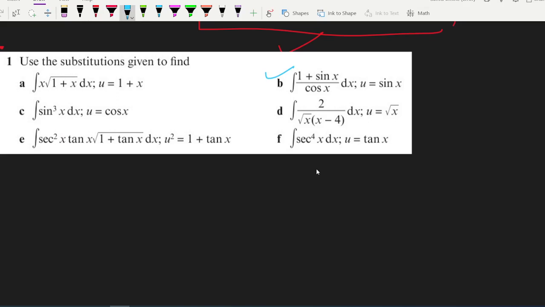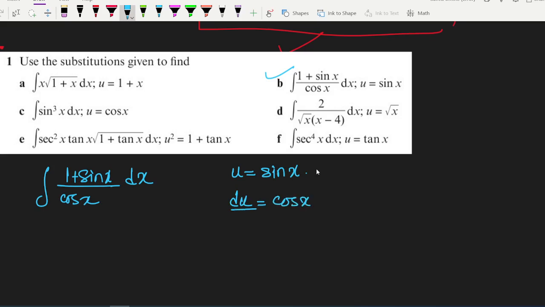So we have to integrate 1 plus sine x over cos x dx, and the substitution given to you is that u equals sine x. Right? So if u equals sine x, du equals cos x dx over dx.